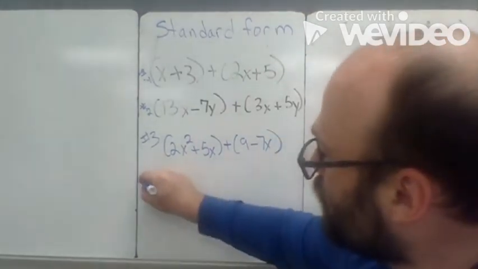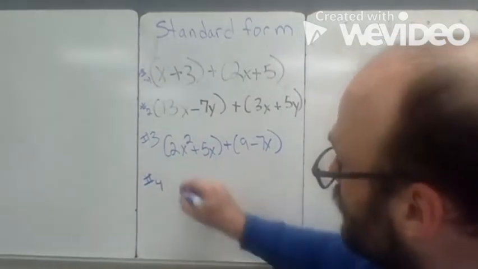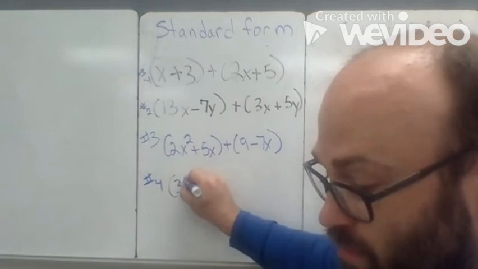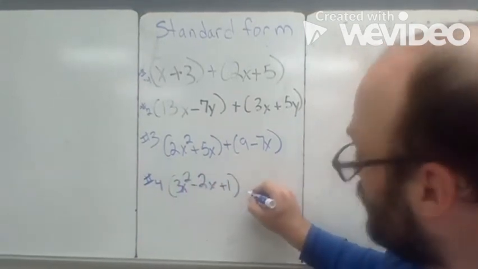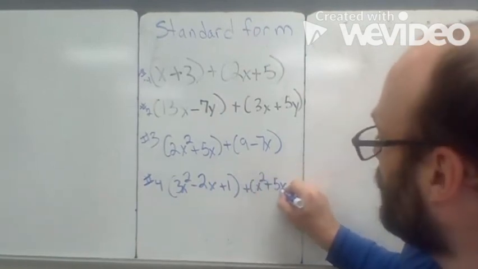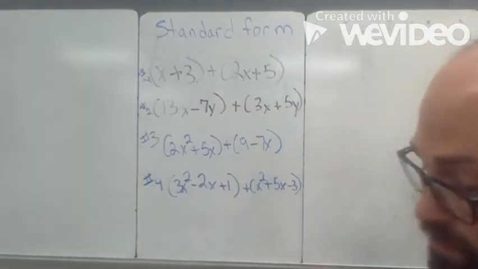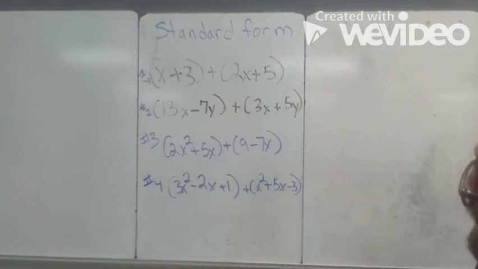And then number 4, we will have 3x squared minus 2x plus 1, and then plus x squared plus 5x minus 3. Okay, so try those ones, and add these polynomials up.